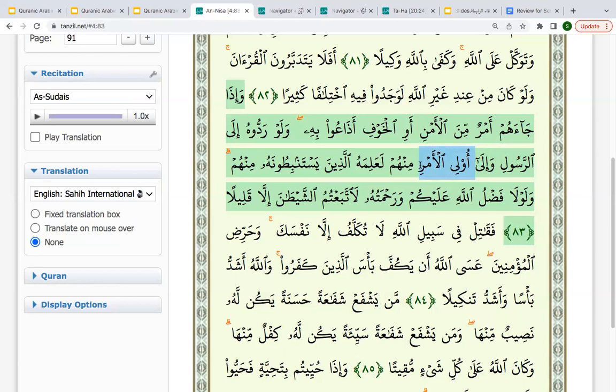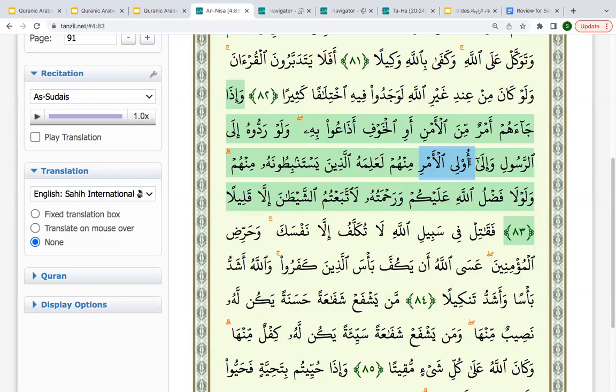Ulil amri. Idafa. Very well done. Because remember, ulu, uli, uli. There were special words, like the af'alul khamsa, asma'ul khamsa: zu, zazi, zata, zati, zatu, those ones.